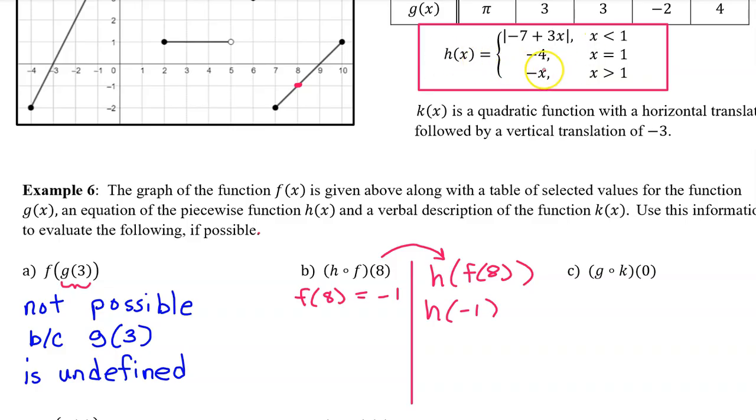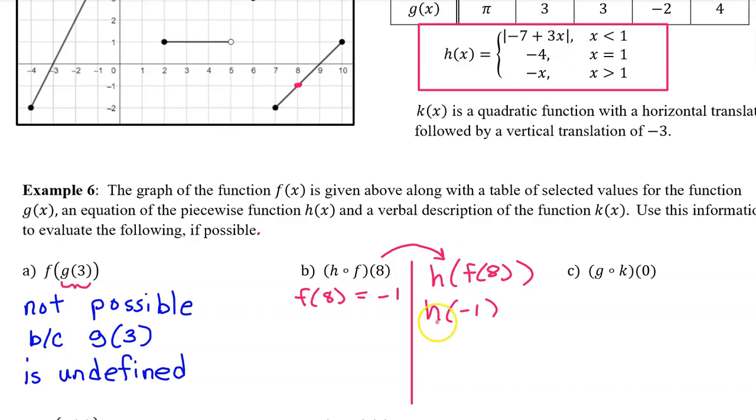h of x is this piecewise function. To evaluate a piecewise function, you have to decide which piece applies at the given input value. So which piece applies at -1? Well, the first piece of the piecewise function applies when x is less than 1. -1 is definitely less than 1, so the first piece applies.